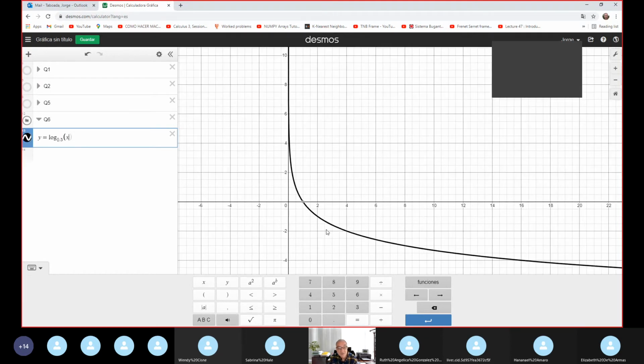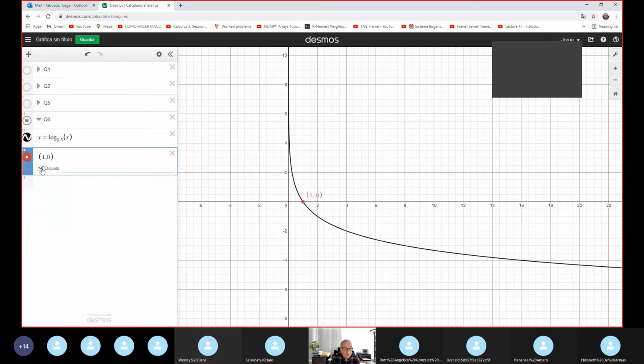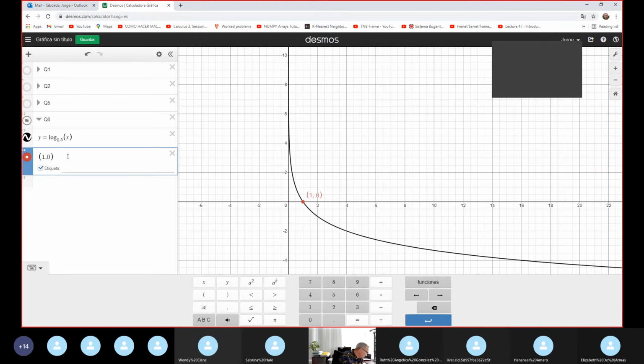Bang! You see it decreasing. Okay, now you type the famous point. 1,0, universal point. Bang! Recolor. Another point, separated by comma, parentheses: 1/2, 1 or 0.5, whatever you want, 0.5, 1.